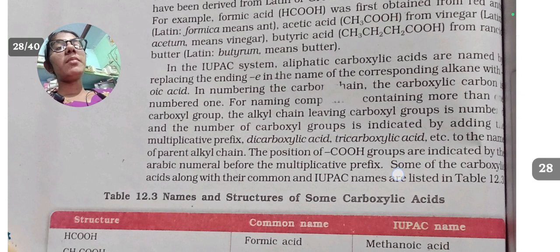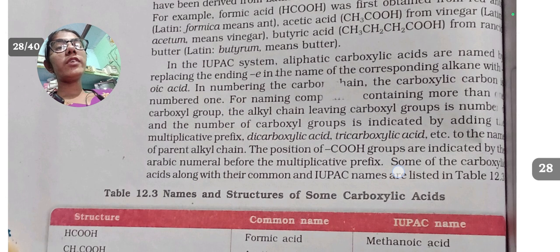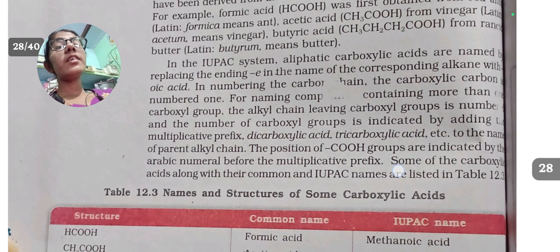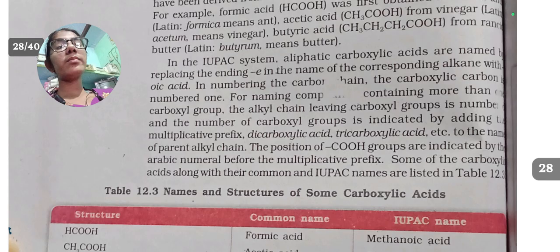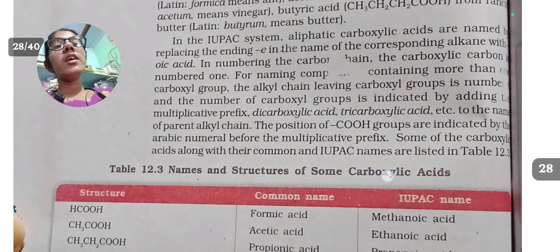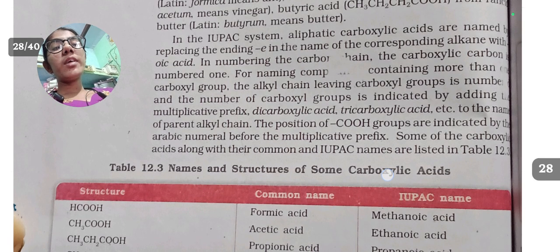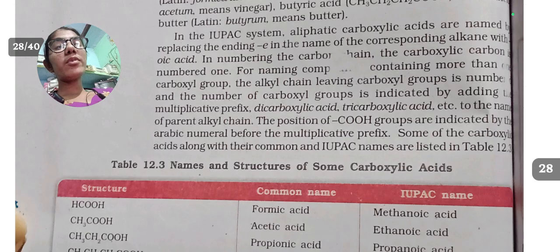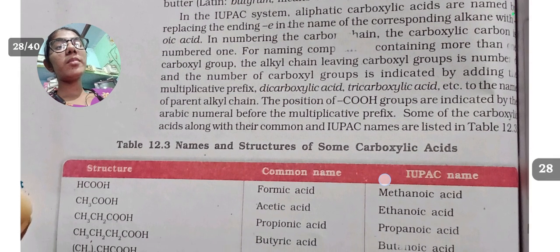When naming compounds containing more than one carboxyl group, the alkane chain having the carboxyl groups is numbered with the carboxyl carbon as 1, and the number of carboxyl groups is indicated by adding the multiplicative prefix: dicarboxylic acid, tricarboxylic acid, etc., to the name of the parent chain. The positions of the COOH groups are indicated by Arabic numerals before the multiplicative prefix. Some of the carboxylic acids have common names and IUPAC names as listed below.